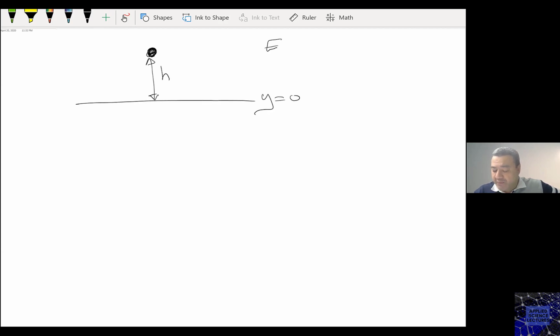Then I have a potential energy given as EP equals mg, which is the gravitational force, times how far this object is from my reference. Now, as you know, gravitational forces always have the same direction. They always point toward the ground, pointing downward.